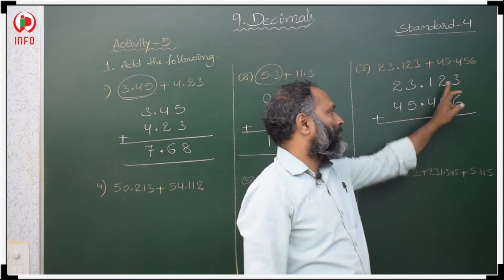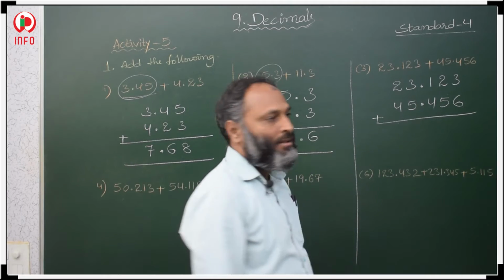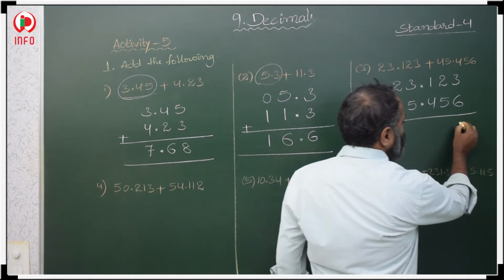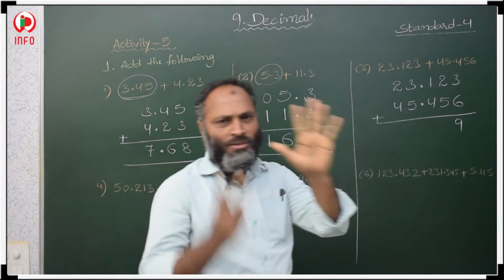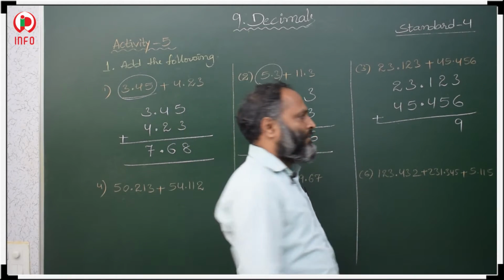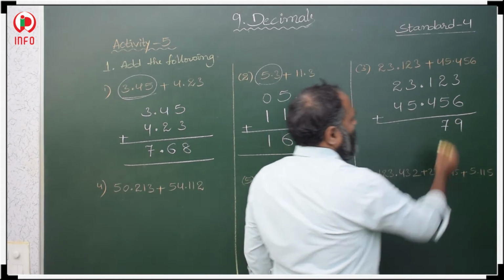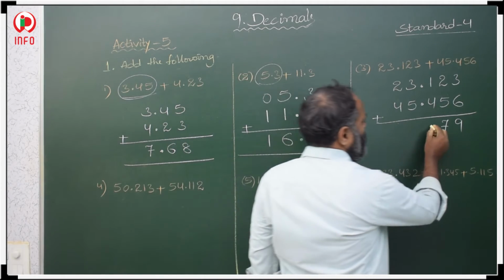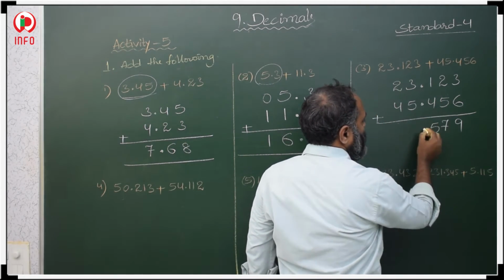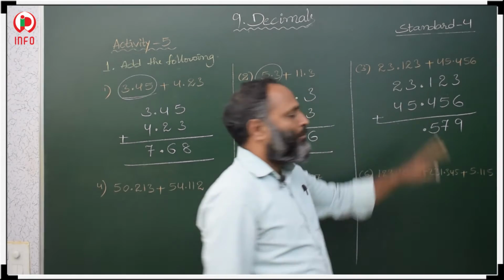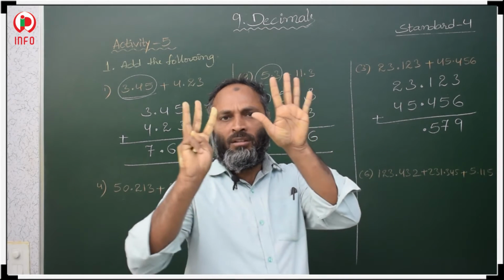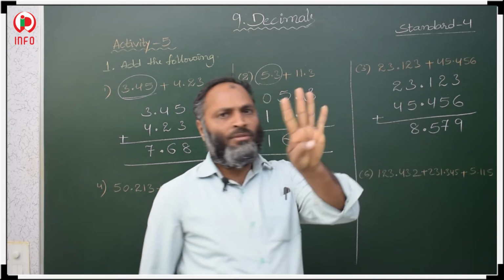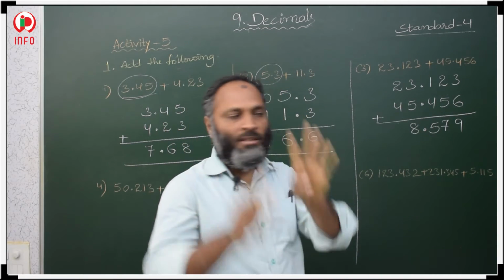After the decimal we have 3 places, and here also we have 3 places. 6 plus 3 is 9. 5 plus 2 is 7. 4 plus 1 is 5. Then after that the decimal. 5 plus 3 is 8. 4 plus 2 is 6.